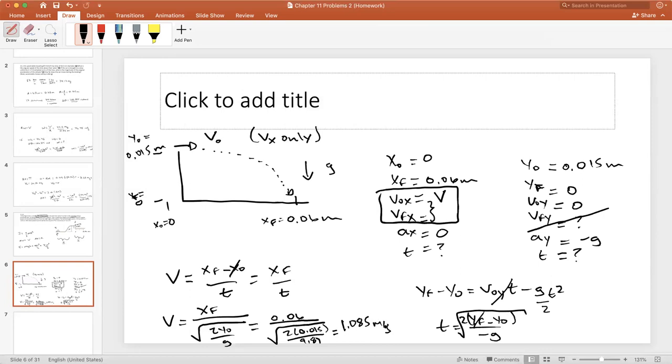So I know my V that it launched with, okay? That's what I found here. This was what I was trying to find. And I used the projectile motion equations with constant acceleration, in this case negative g in the y direction, to get V.